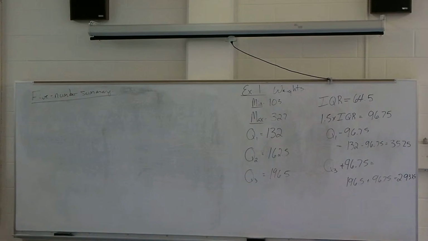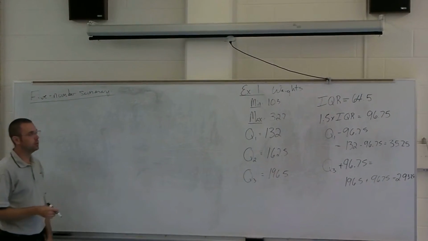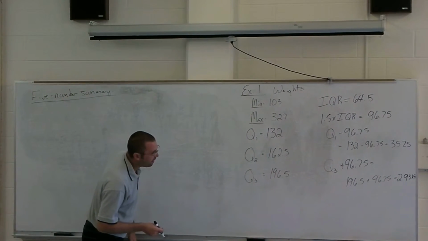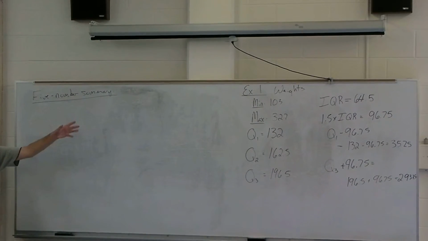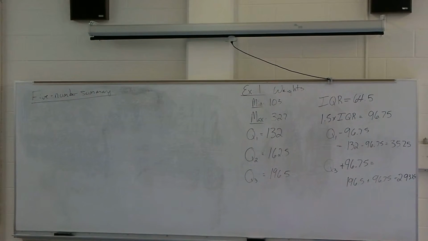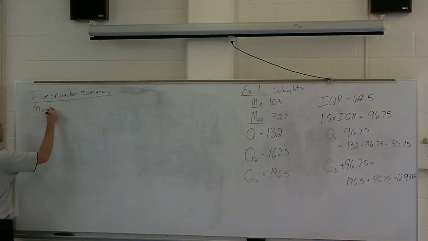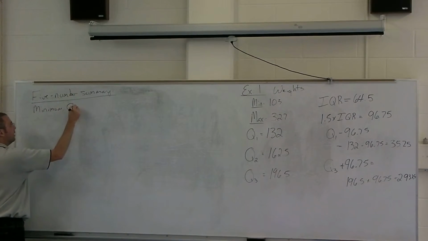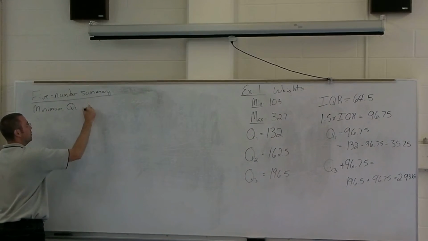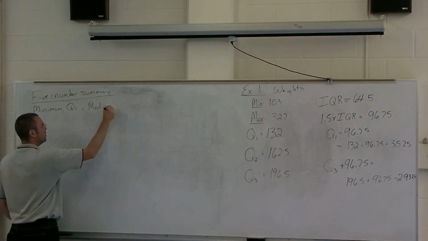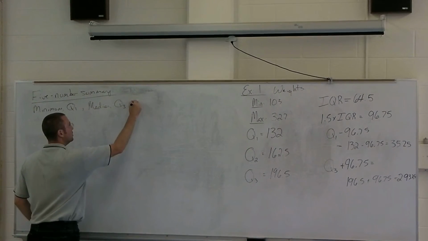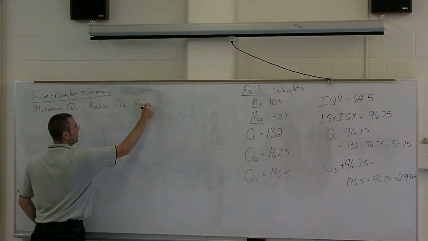And collectively they tell us how spread out our data is, how much data we should look for in between varying ranges, and ultimately we can use this data to create another graphical display of our data. Okay? So the 5-number summary consists of the minimum value, quartile 1, the median, quartile 3, and the maximum value of our data.